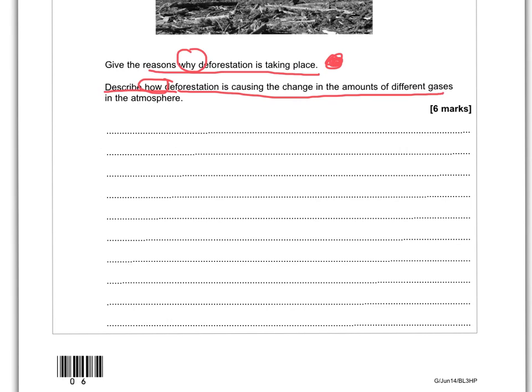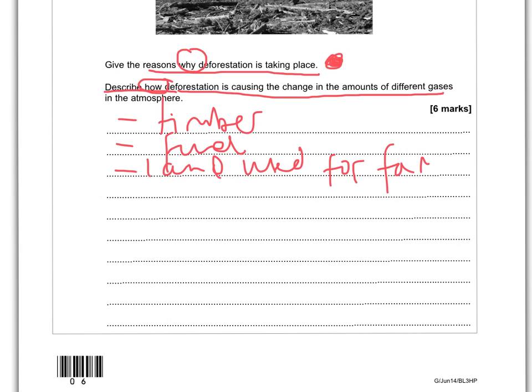So 3 marks so far. 1 for mentioning what the timber is used for, building or for paper. 1 mark if you've mentioned that the wood is used for burning as a fuel. 1 mark if you've mentioned that the land is used for agriculture or farming, for either growing crops like rice or for putting cattle on. So far a maximum of 3 marks for this bit here.